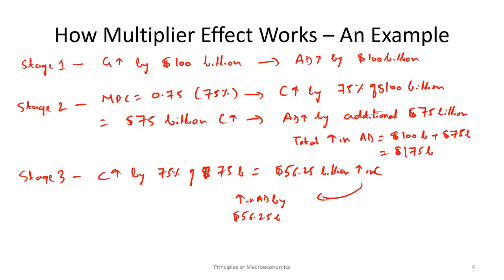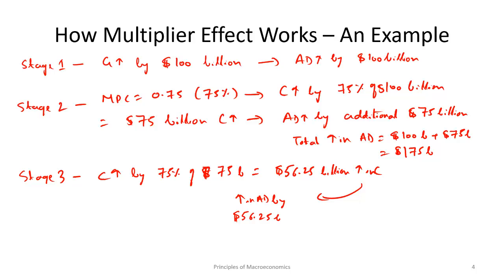Again, this 56.25 becomes somebody's income. They are going to spend 75% of this, and this goes on forever. And when it ends, our increase in GDP is way more than the initial $100 billion by the government. And this is the classic multiplier effect.